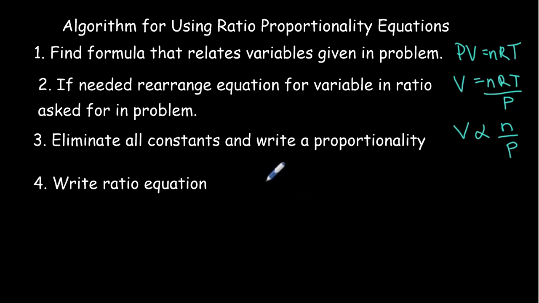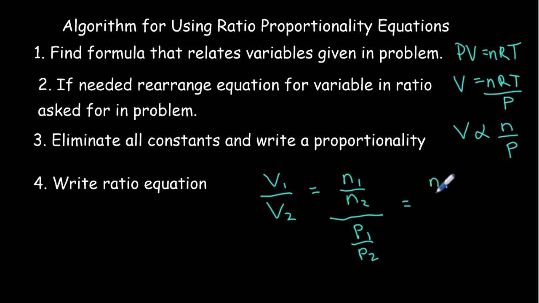So that would mean that the volume in state 1 divided by the volume in state 2 would be equal to the number of moles in state 1 divided by the number of moles in state 2, all divided by the pressure in state 1 divided by the pressure in state 2. And of course, when we divide, we invert and multiply, so this would become N1 over N2 times P2 all over P1.